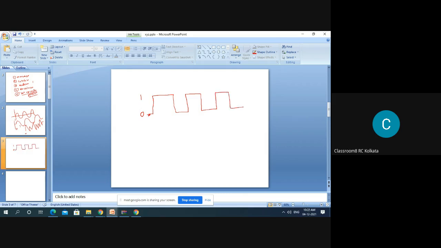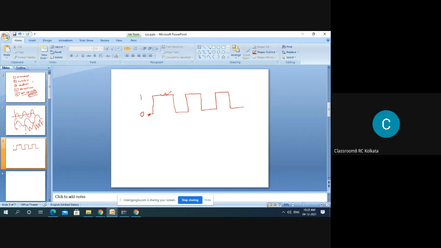Zero means not present, and 1 means present and full quality. So there is no concept of some good signal or excellent signal. Either absence of a signal or a high quality, full quality signal 1. No other value in between 0 and 1.